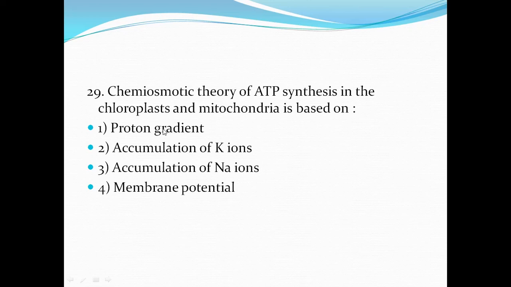They try to diffuse into the matrix through ATP synthase, or complex 5 of the electron transport chain, which is present on the inner membrane. When these protons pass through the ATP synthase enzyme, ATP is produced from ADP. So here the answer is proton gradient.